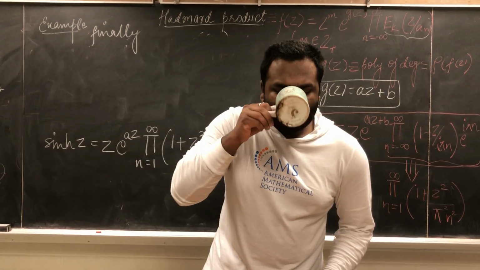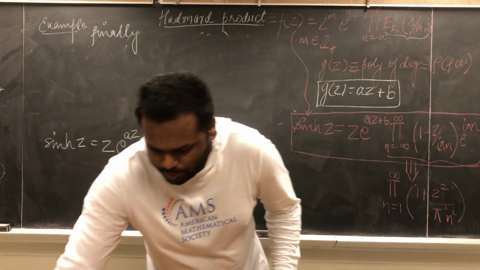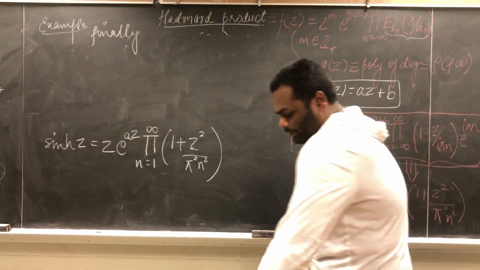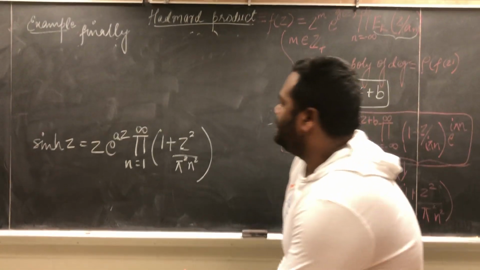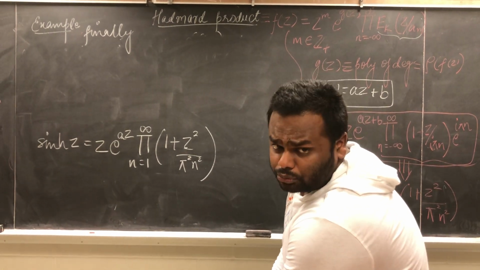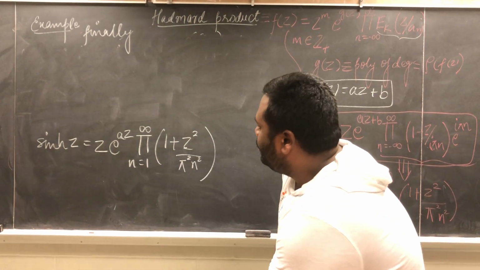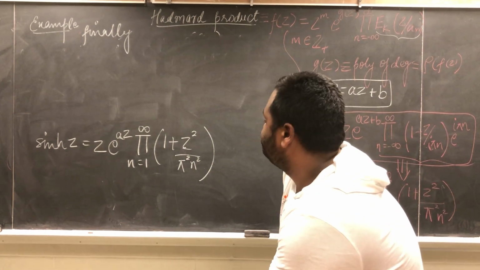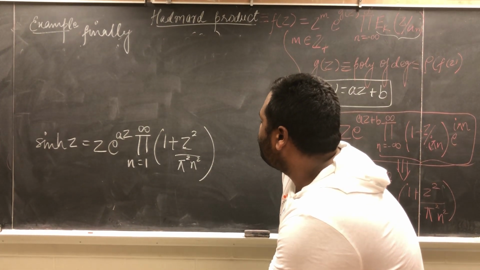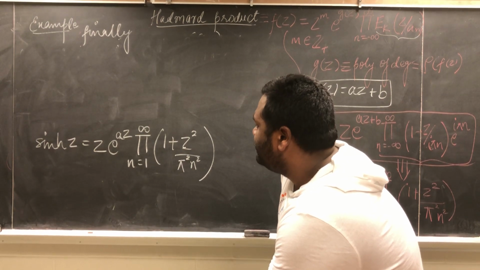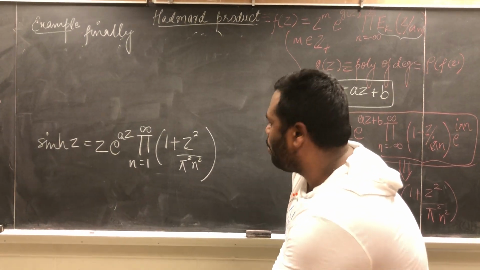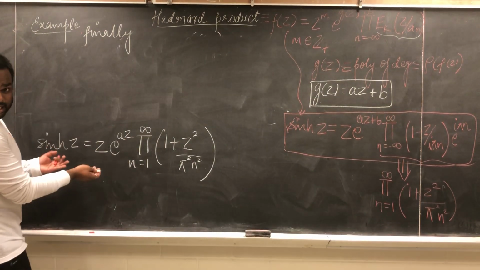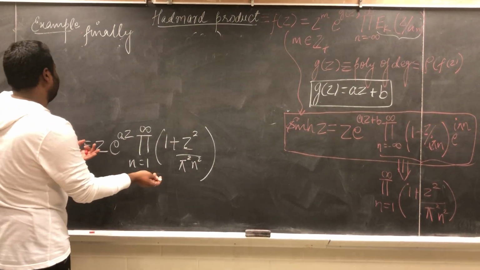But one slight observation can help us here. The observation is that sine hyperbolic of z is an odd function. Okay? I think that trick can help us. So what I will do here: if this is true for all z, then this should be true for negative z as well, right?